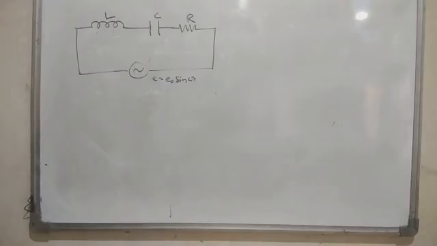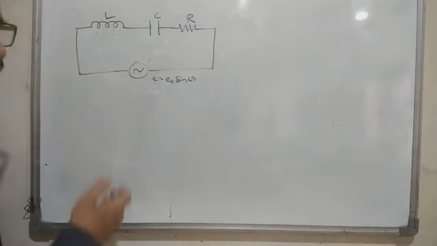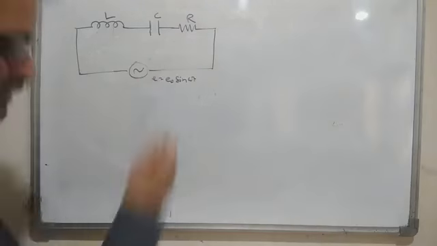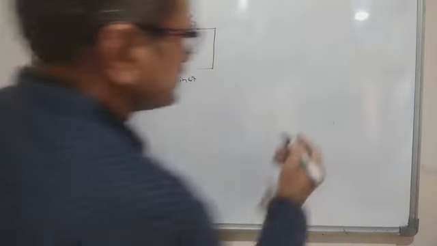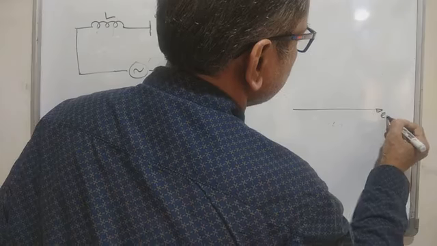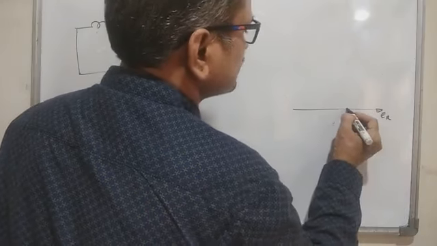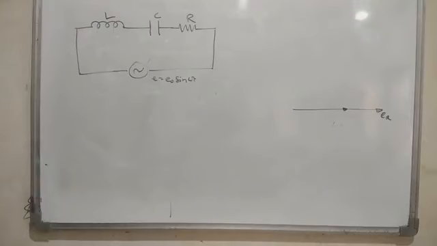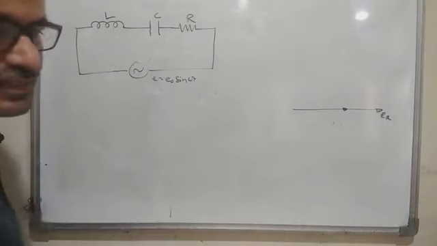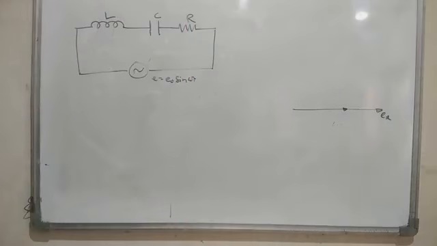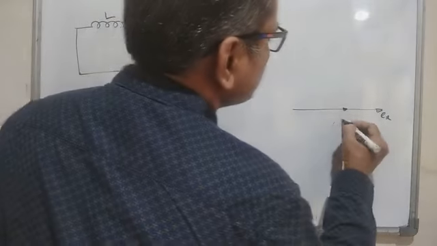In the previous lecture, students, we have seen the nature of current in case of inductance, in case of capacitance and in case of resistance. In case of resistance, it is in phase. Suppose the applied voltage here is ER, then the current flowing through the resistance R is in phase. In case of capacitance, the EMF lags and current leads.